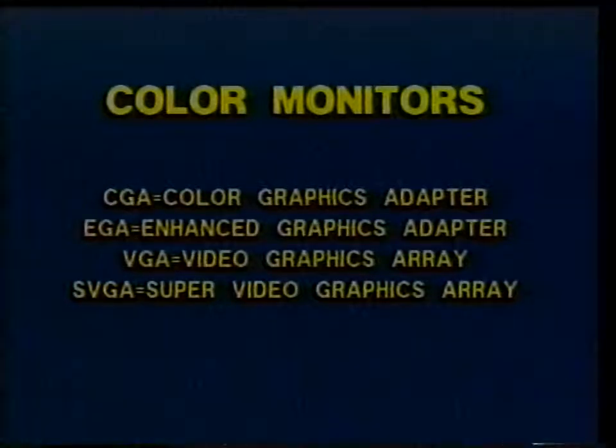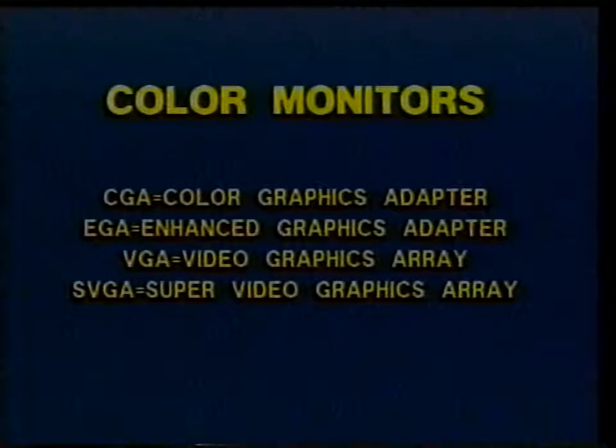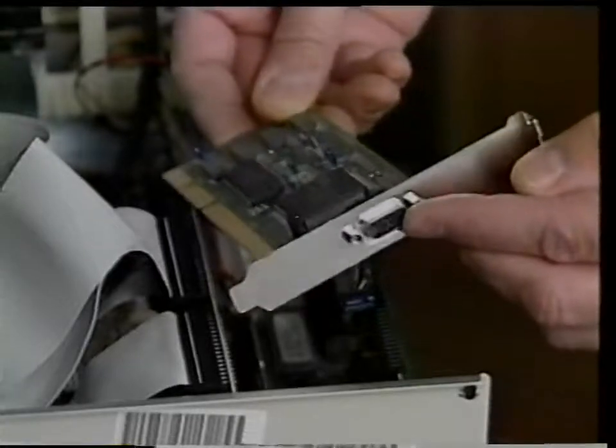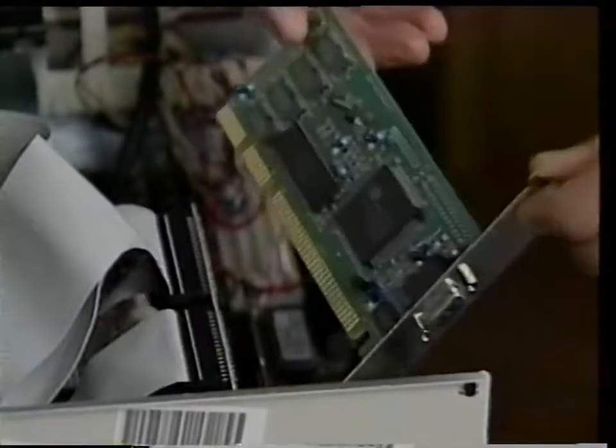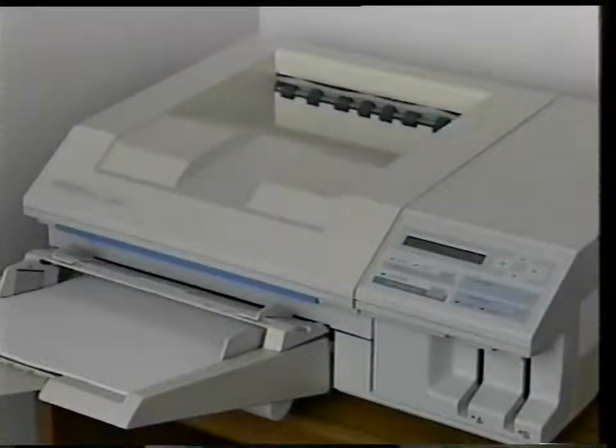They stand for Color Graphics Adapter, Enhanced Graphics Adapter, and Video Graphics Array. The difference is in resolution. If you need excellent resolution, the VGA-type monitor will suit your needs the best. Each monitor also needs its own type of graphics card in the CPU. The monitor shown here is a VGA, flat screen, in order to produce the best picture possible for this video.